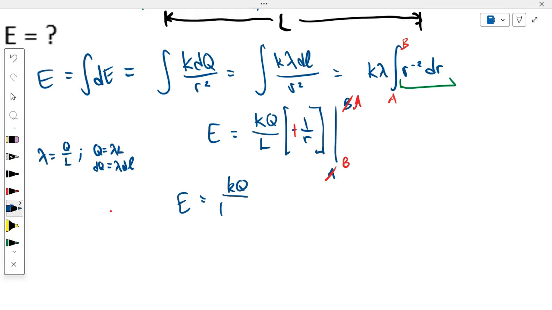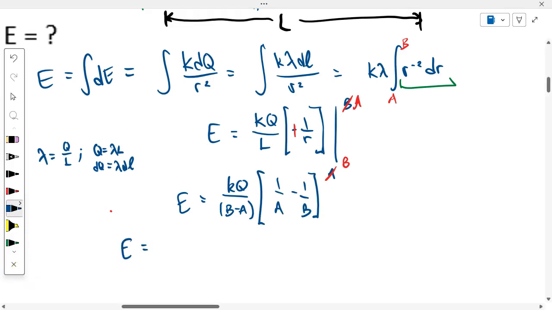L, which is defined to be B minus A. And watch this. We get 1 over A minus 1 over B. That's going to give me E is KQ over B minus A times that.